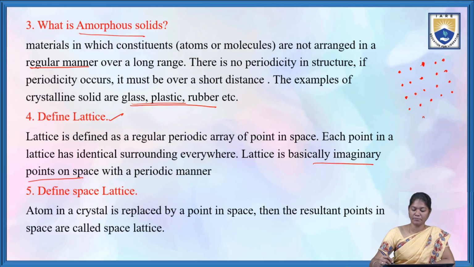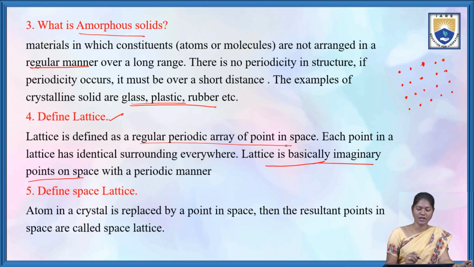So lattice is an array of imaginary points in space in a periodic manner. Lattice is defined as a regular periodic array of points in space, and that point represents the atoms in the crystals.